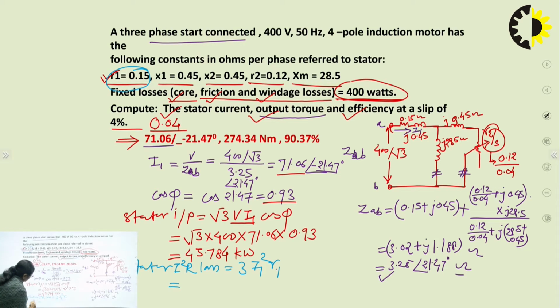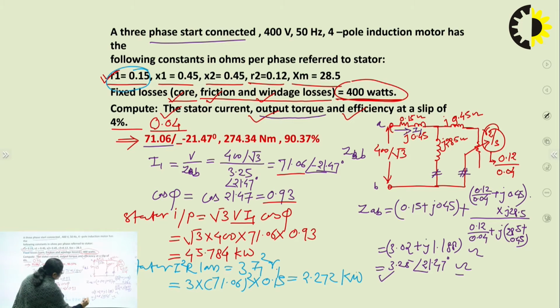So I can very well determine the stator I square R loss as thrice 71.06 square multiplied by the resistance 0.15. And solving this, we will get the stator I square R loss in kilowatt. Directly I am writing the value. It comes out to be 2.272 kilowatt.